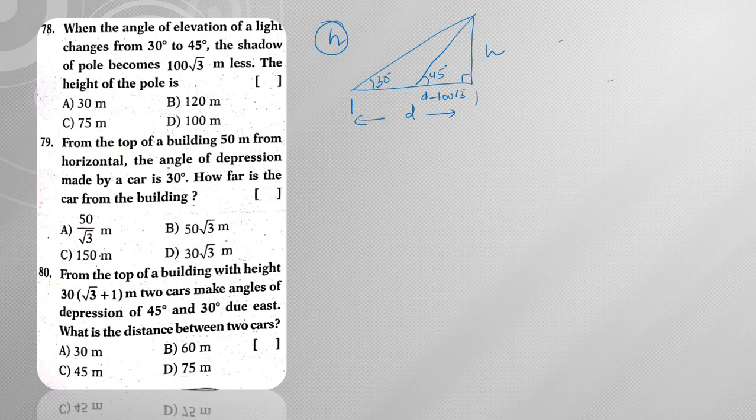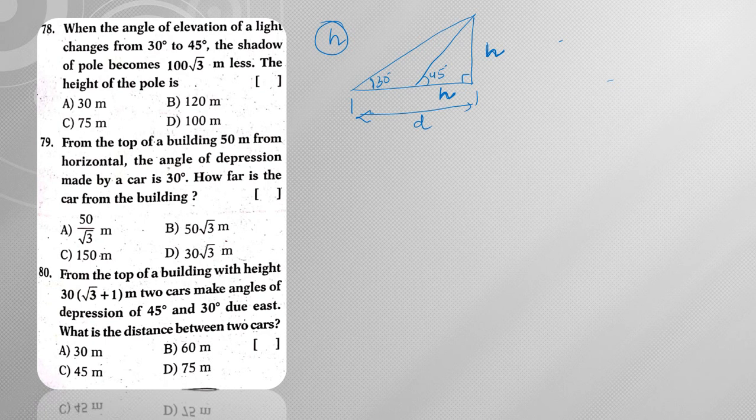Now what he has given, so this is the figure. Let the height of the pole be some h. Then when angle 45 degrees is considered, this length will be h. Next, suppose this distance is some d, then when angle is 30 degrees, the length of the shadow will be more, right?